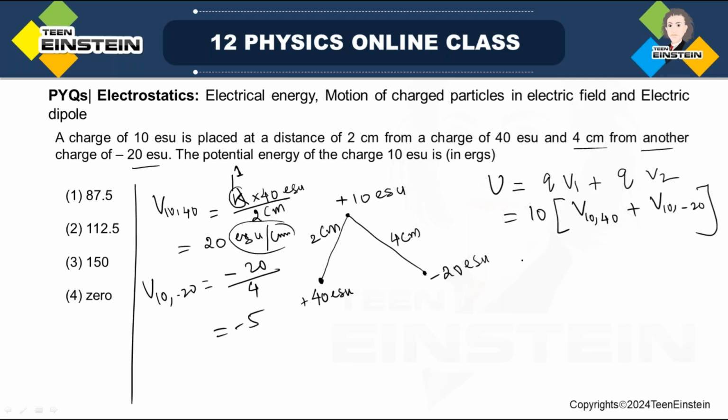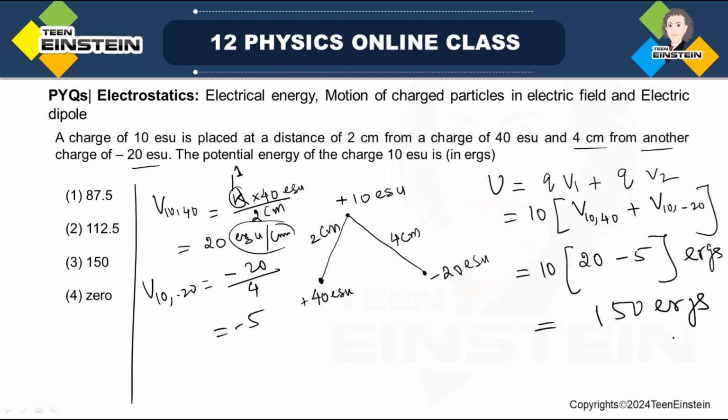Now let us do things here: 10 ESU times 20 minus 5. So this will be in ergs, actually 150 ergs. Option 3 will be the correct answer for this question.